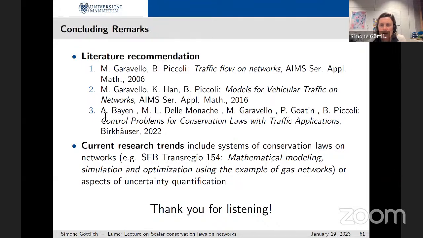He wrote down some difference equations to solve this kind of traffic problems I've discussed today. But I'm not quite sure if this would be in line with what you have said. Yes, not exactly the same. You just mentioned the Godunov scheme and some approach, but not completely, I think.